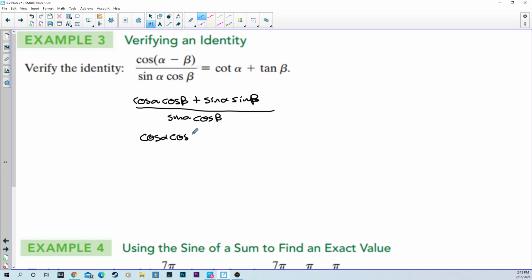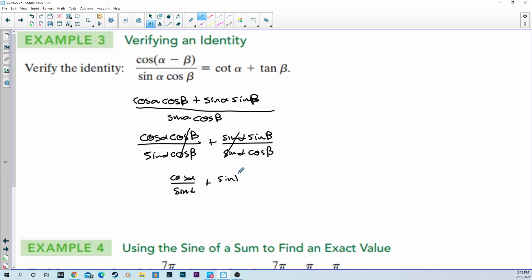Cosine of alpha, cosine of beta, over sine of alpha, cosine of beta, then plus sine of alpha, sine of beta, over sine of alpha, cosine of beta. Now those cancel, and we're left with cosine of alpha over sine of alpha plus sine of beta over cosine of beta, and that's going to be cotangent of alpha plus tangent of beta.